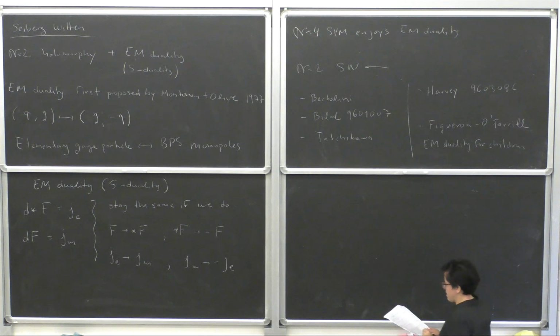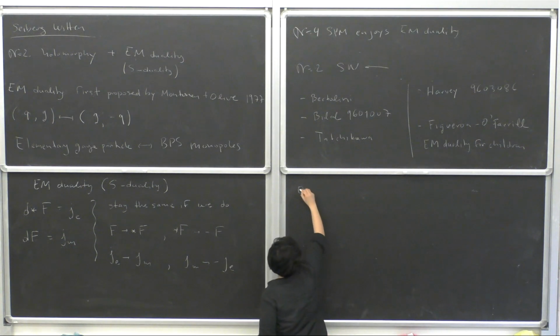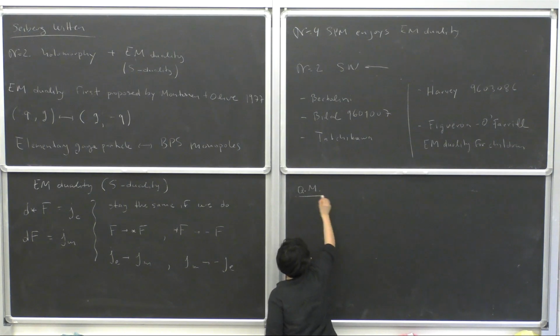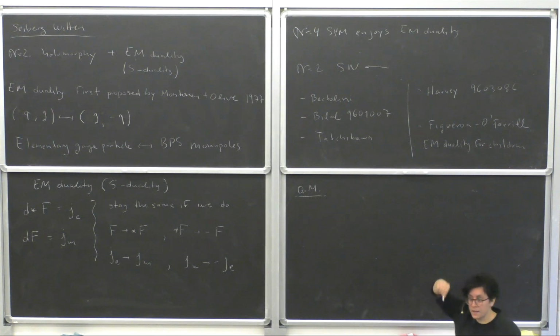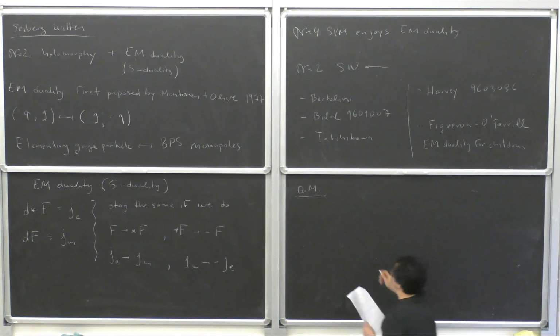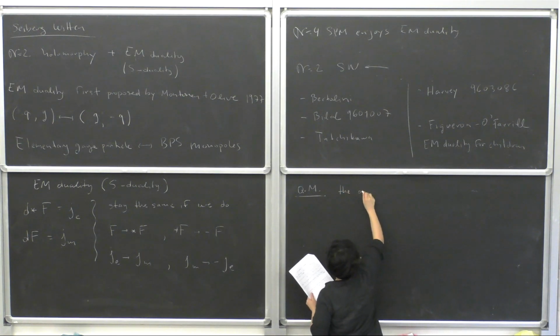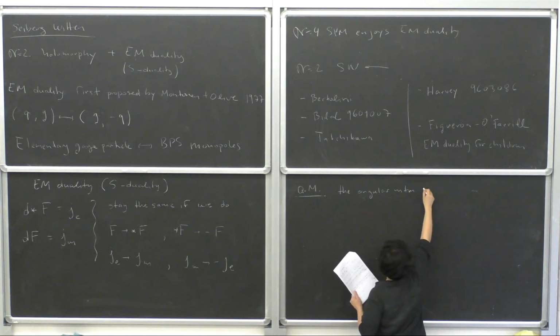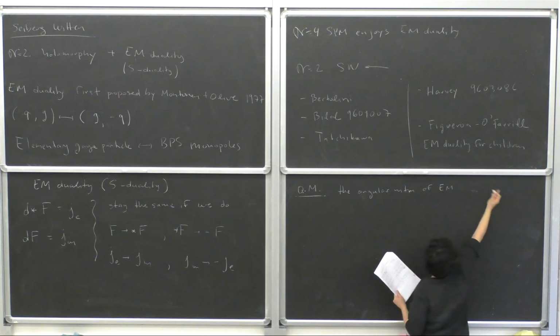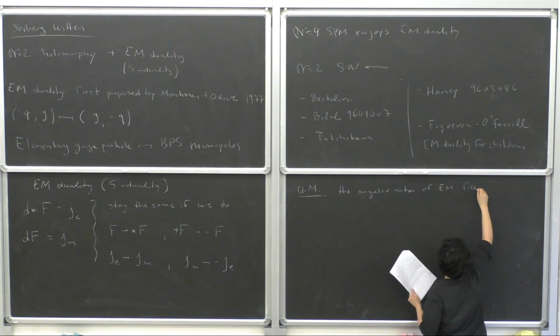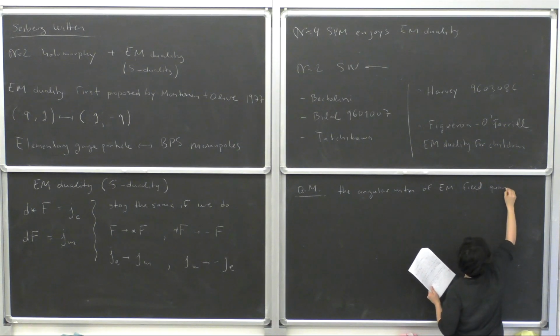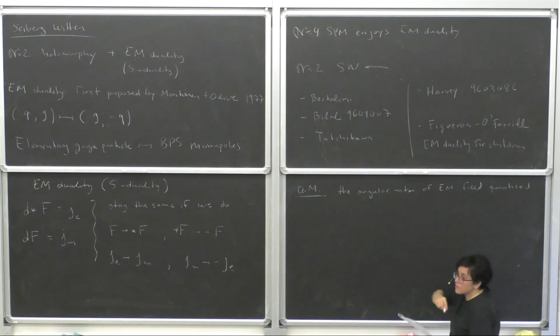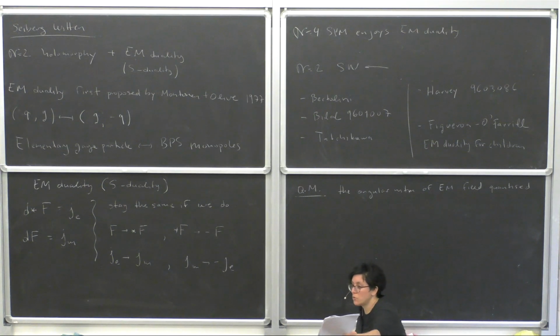So this is classical, and then we go to the quantum mechanical level. Quantum mechanically, you can compute the angular momentum of the electromagnetic field, and it's quantized. And then you think that maybe you have the Dirac monopole in some Schrödinger equation.